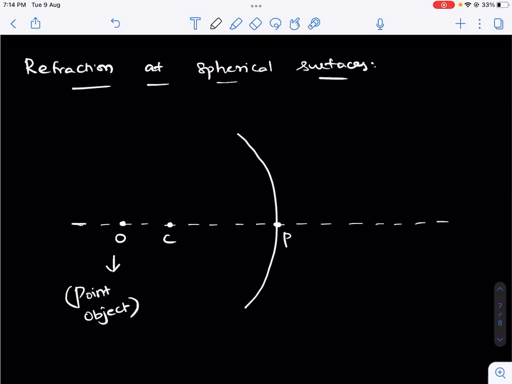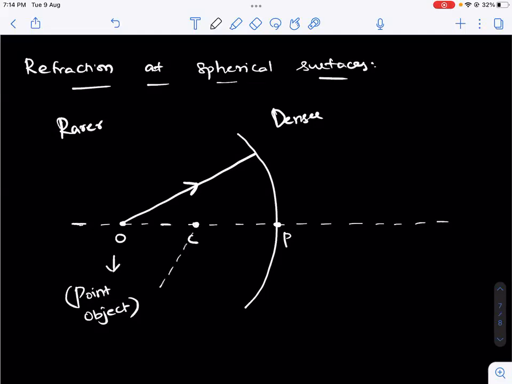Okay. So let's say this is rarer medium and this is denser medium. And let's say a ray is incident from the rarer to the denser medium. I'll take the point here.